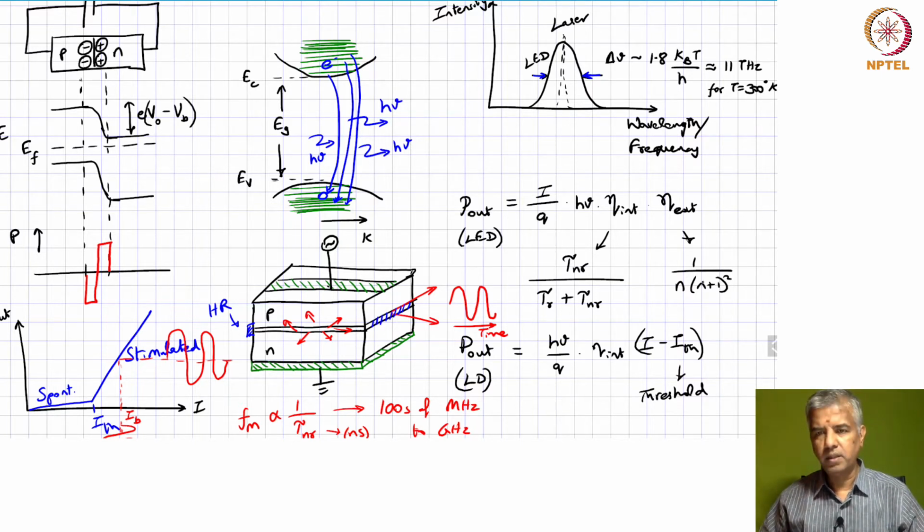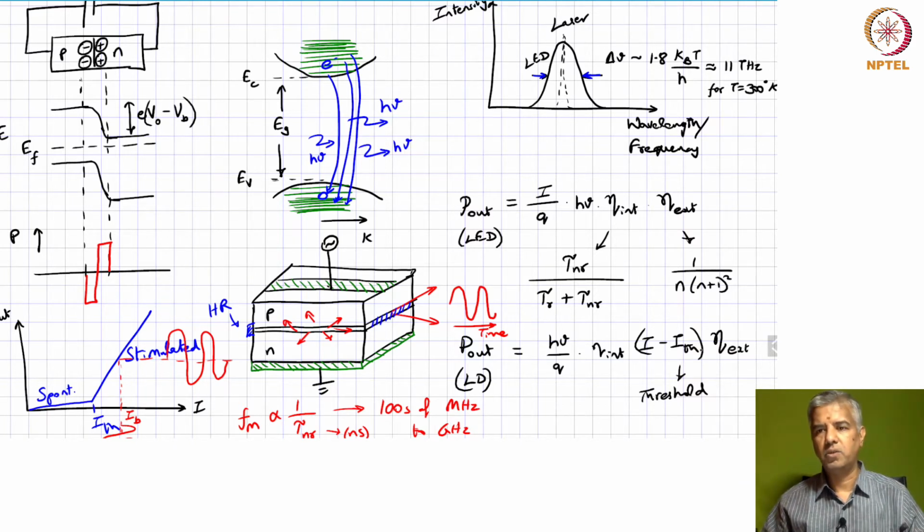So that actually is the output power for an LED, whereas the output power for a laser diode is going to be given by this expression, and this again happens to be the amount of power that's generated within the structure. And if you are looking at the power that's extracted from one of the facets, that's going to have this other factor eta e, or you can just say eta external also.